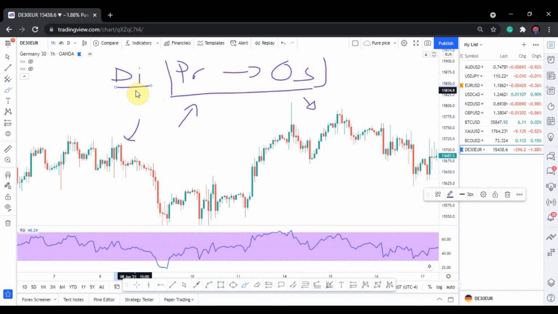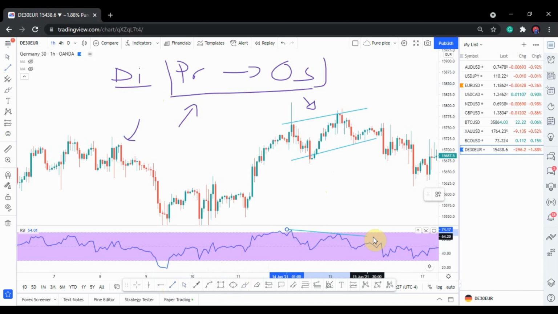So that's another very important principle to warn you. For an example here, we can see that price was making higher highs here, and it was also making some kind of higher lows, but looking down here into the indicator, we can see that it was making lower highs, meaning the indicator at this point in time was showing us that we are moving down, yet the price was still moving up in this region here.